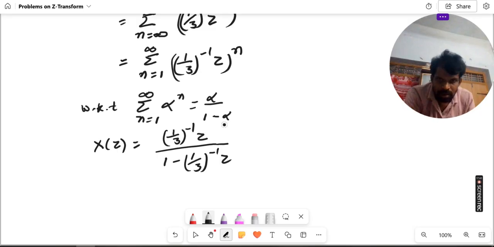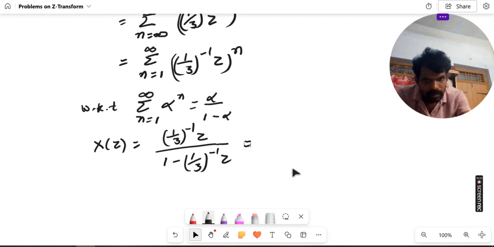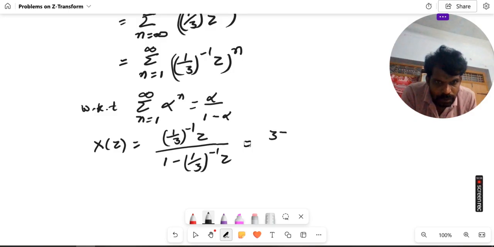Here 1 by 3 inverse, how are we going to write it? It is also written as 3z by 1 minus 3z.